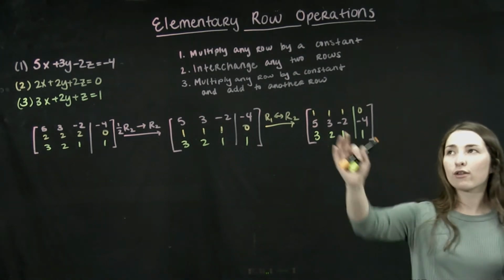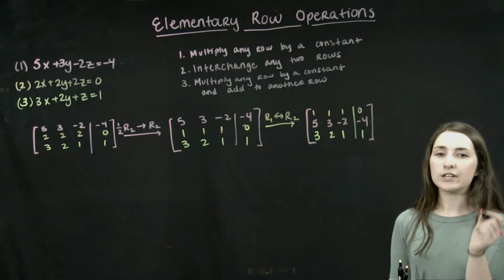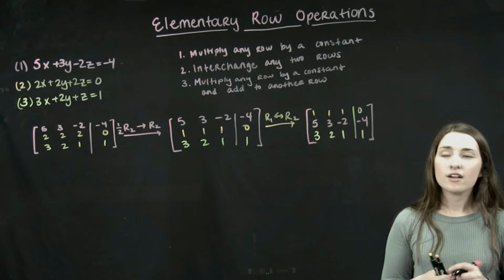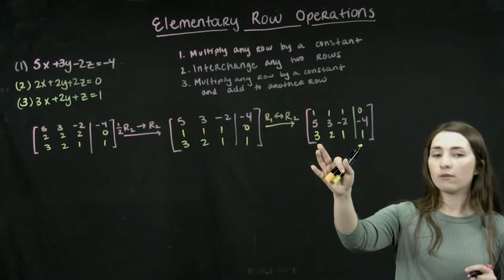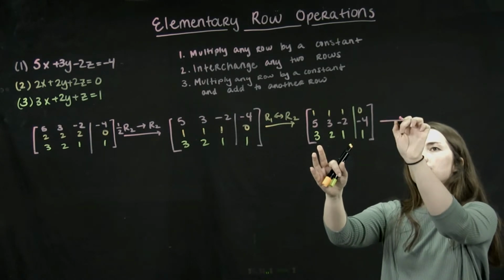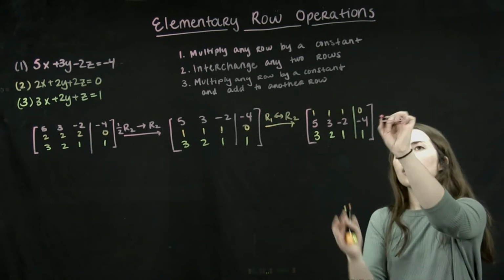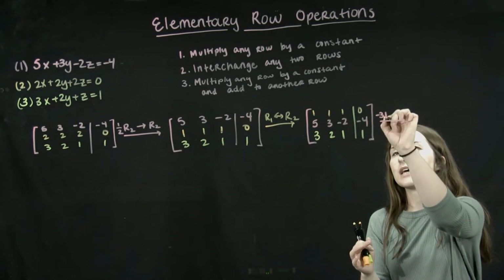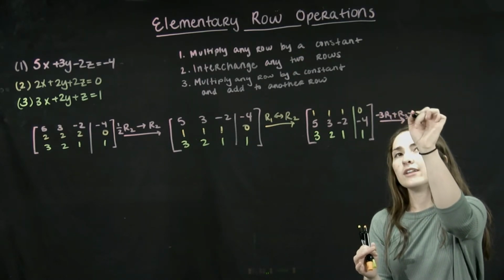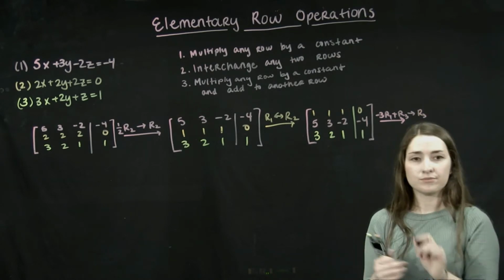So now for our third and final elementary row operation, this is multiplying any row by a constant and adding it to another row. So let's say perhaps we wanted to take row 3 and we wanted this to be a 0. So what we could do is we could take -3 times row 1 and add it to row 3 and store that right on in row 3.